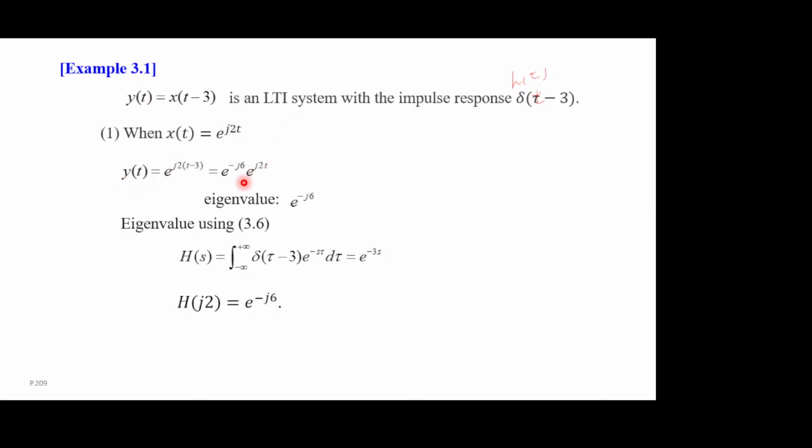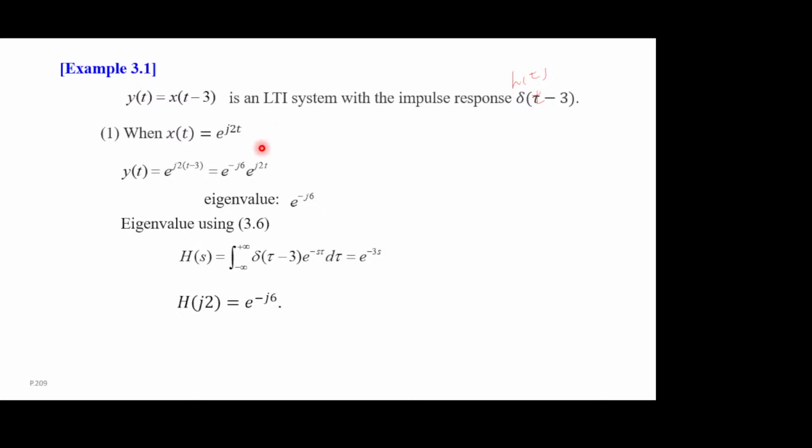So y of t equals e to the j2 with t becoming t minus 3, so e to the j2 times t minus 3. Then you see that you get back your e to the j2t here. Then you have the other term, j2 times minus 3, so you get e to the minus j6 here. Okay? And you see that this is indeed proportional to your input. This is e to the minus j6 times your x of t. So indeed, x of t is the eigenfunction.